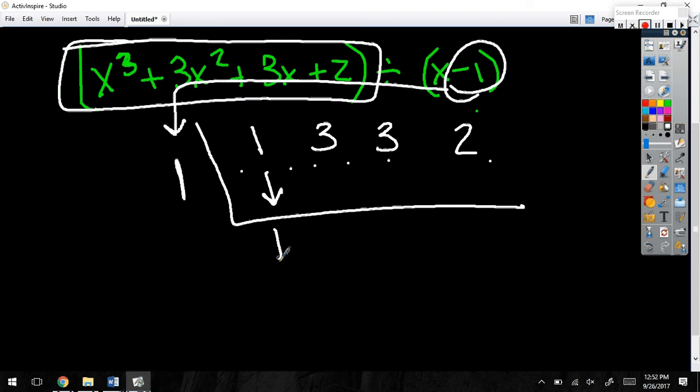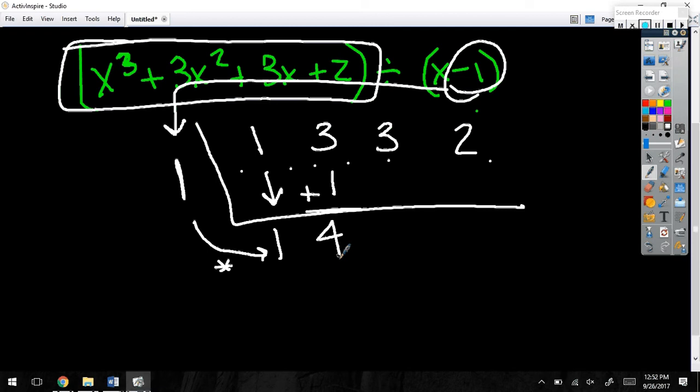Multiply. What's 1 times 1? 1. Multiply and add. What's 3 plus 1? 4.